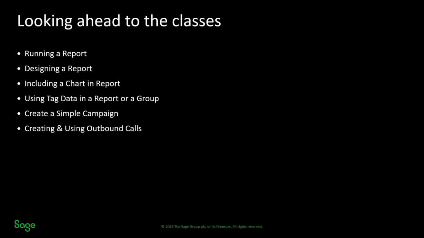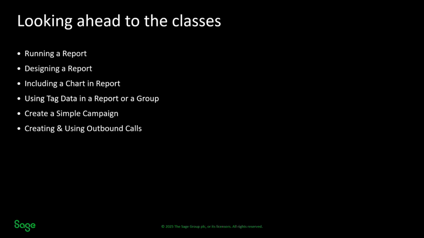We started off by looking at running a report, then going through designing a basic report, either as a list report, a cross-tabulated report, or a historical report in the first two lessons. And then yesterday we were looking at the inclusion of a chart inside a report.